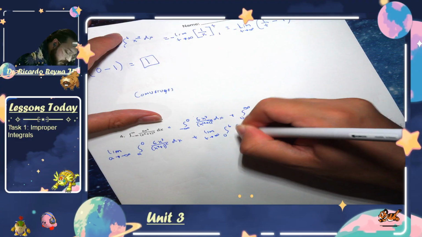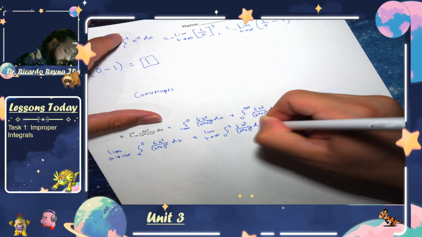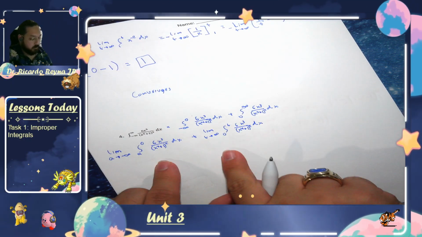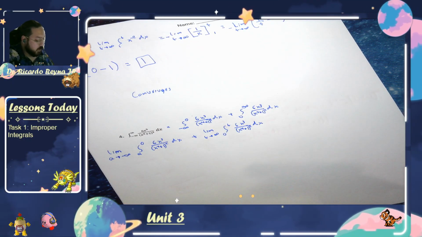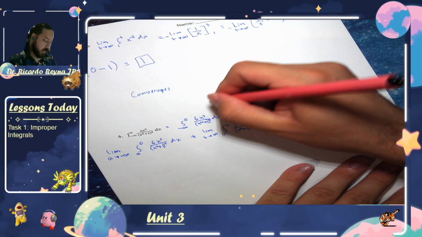Now, notice that I'm technically taking the same integral, just with different bounds, so really it would serve me if I just do the integral on the side.